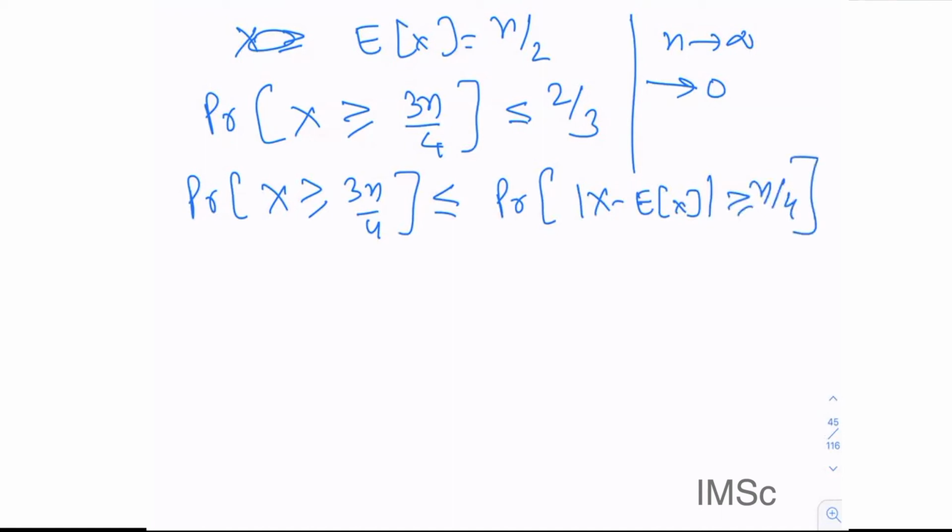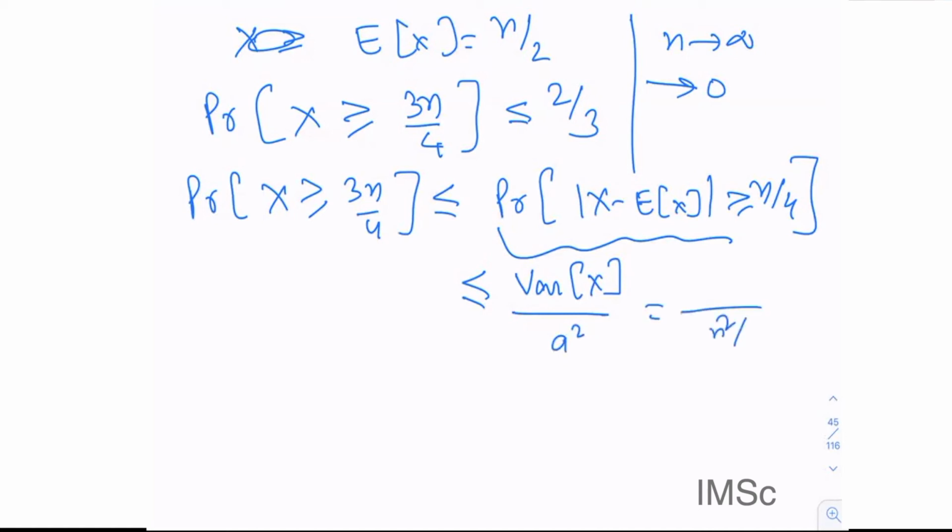If I apply Chebyshev to this, it is the variance of x, which we'll compute in a minute, divided by a square, which is n square by 16.